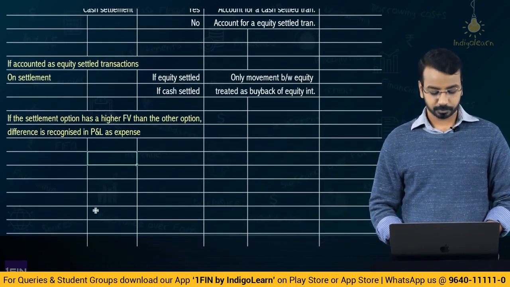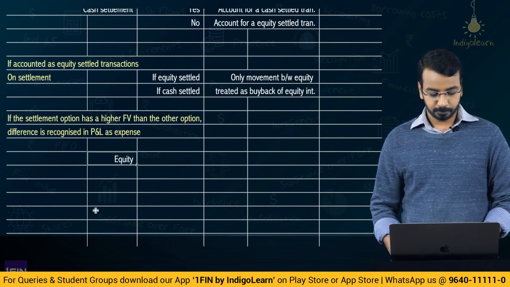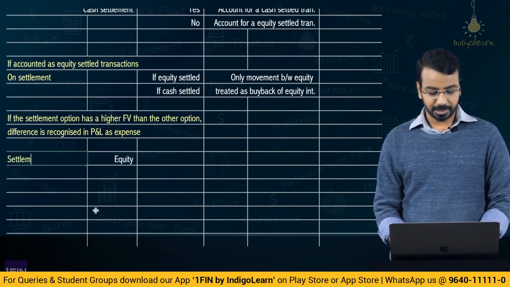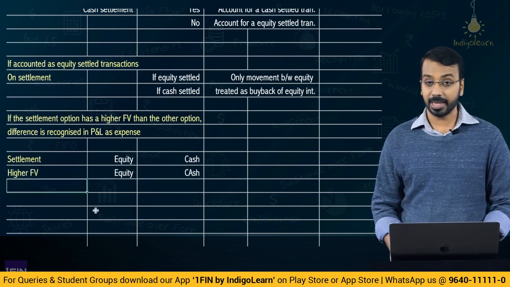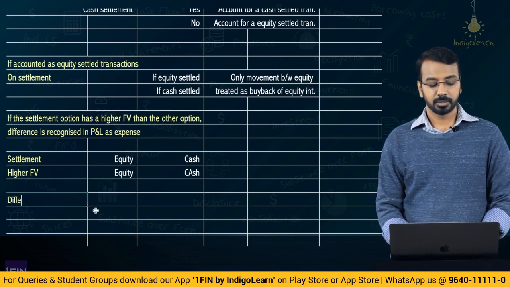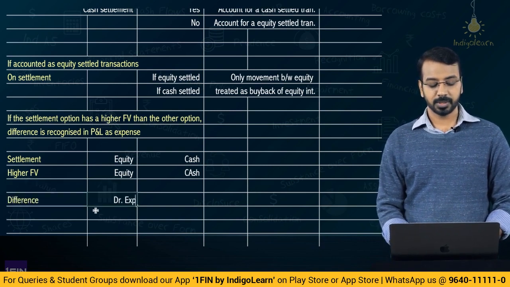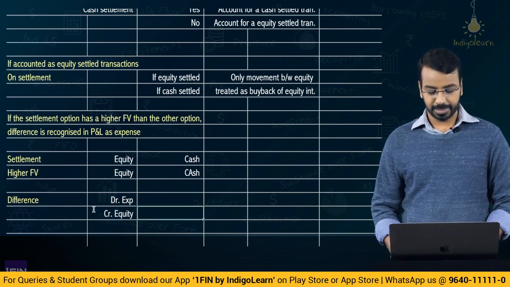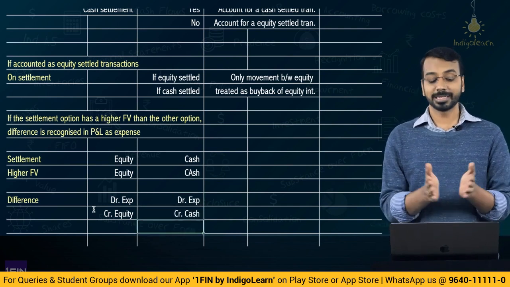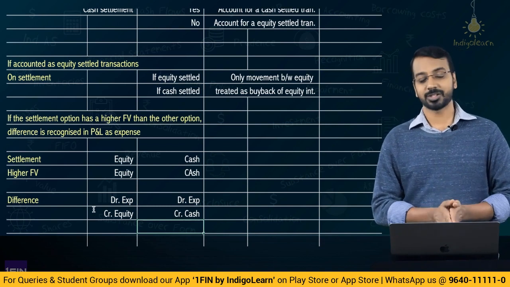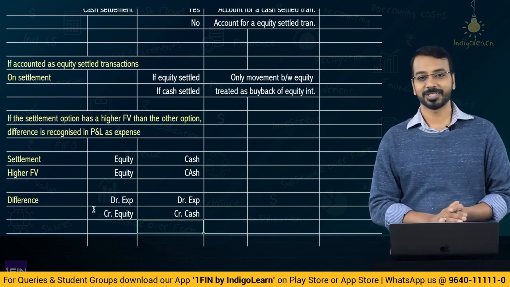So if settlement is, say, in equity, the second case is cash, and higher fair value is of equity, and here also higher fair value is of cash, then the difference: debit expense, credit equity, and here debit expense, credit cash. So that is how you will do the accounting for share based payment transaction with cash settlement alternatives.